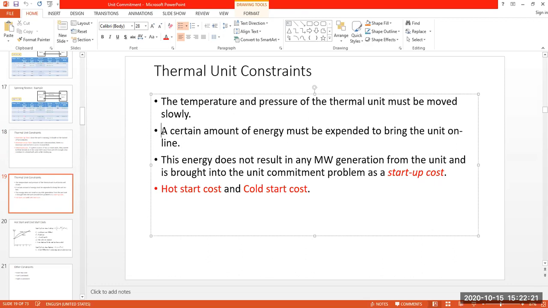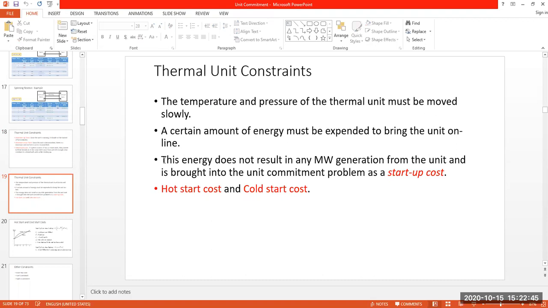That energy is required only to bring the unit online, and after that you will be able to supply electrical output from your generators, not before that. Again, this is associated with thermal units. For hydro units, this issue is probably not there.